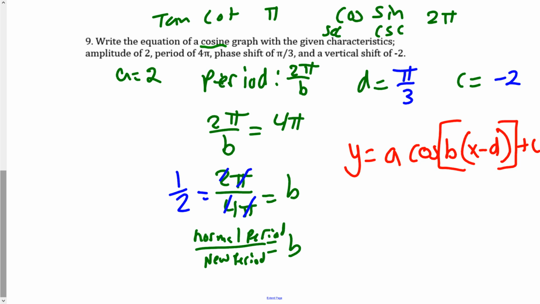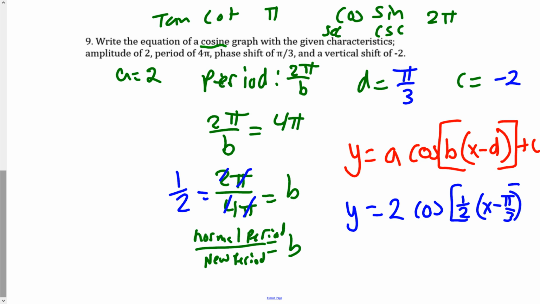Okay, so here we have our a, which is 2. We know what trig function we're dealing with, the cosine. We can put our b in there. We know that now. That was the hard work. It's 1/2. Parentheses x, and then minus our d, so minus pi thirds. And then close that bracket and add c. Oops, so that'd be -2.